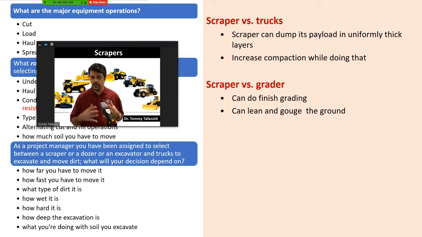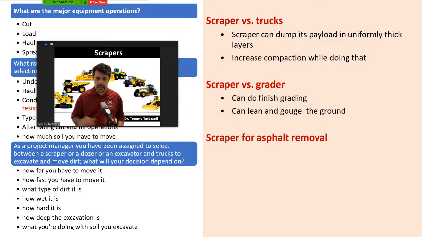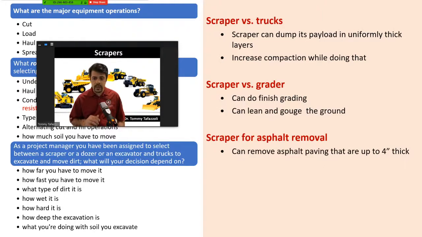Both of them have this capability. Scraper for asphalt removal: they can remove asphalt paving up to 4 inches thick. That's pretty a lot. So the scraper can shave the asphalt from the surface of the road, and rippers can be installed on a scraper blade.